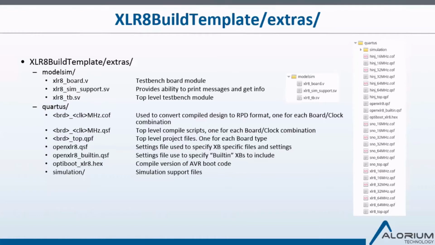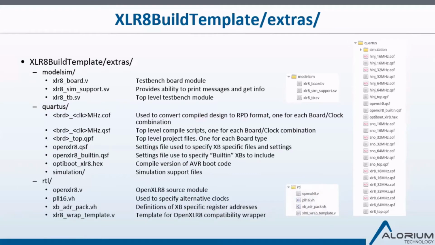And so there's some multiplication here of files to support all those different combinations. And then in the RTL directory, we've got a few files there that are templates or support files for building the OpenXLR8. Just to highlight a couple of these files that are either going to be edited by us or are important to know about.